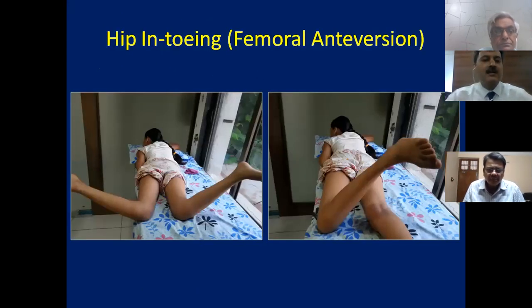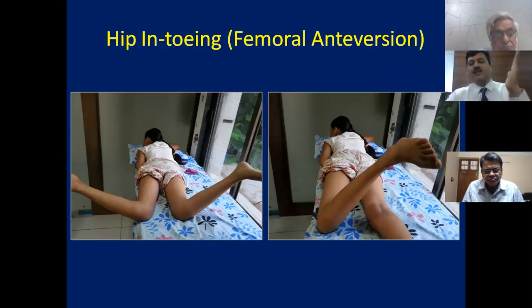Now, how would you examine a child? This girl presented to me with in-towing. How do we examine? We ask the child to lie prone, and then we turn the legs outwards, with the knees bent at 90 degrees, first outwards and then inwards. Remember, when you are turning the leg outward while the child is lying prone, you are actually doing internal rotation.